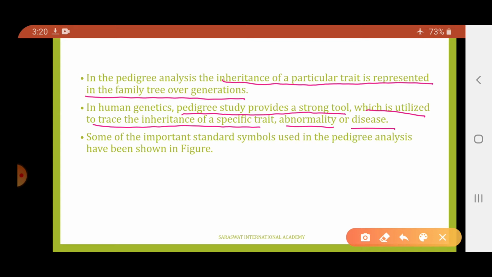We can study the inheritance pattern of a specific character, abnormality or disease. Now, in the construction of a pedigree, certain genetic symbols are used. Which are the important symbols used in pedigree analysis?